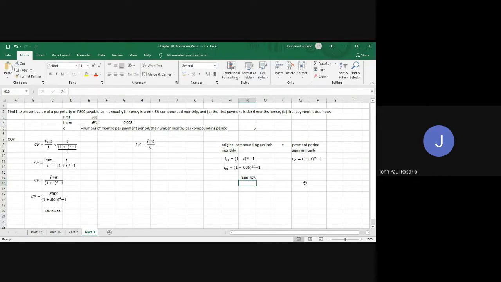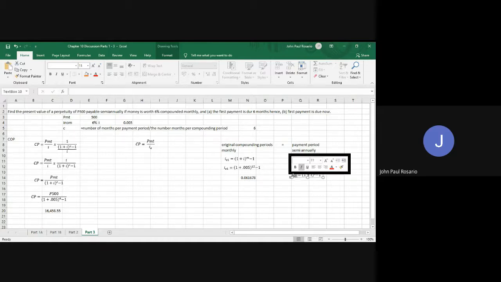And then for our second formula, we know that our I is unknown, our M is 2 because this is semi-annual, minus 1. And then for the next part, we substitute IE2 with 0.06168.